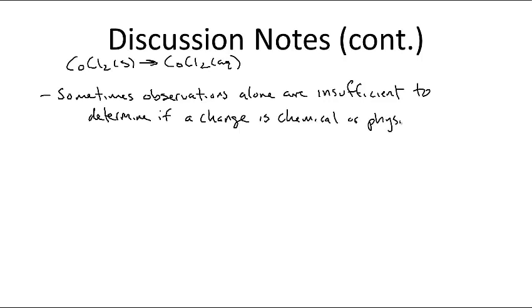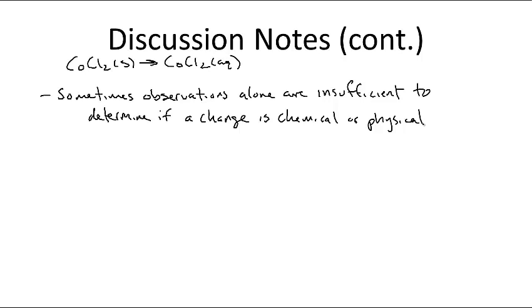I know when you were in middle school, they would say, oh, a color change means that a reaction has happened. Well, in this case, with COCl2 solid dissolving in water, you actually do get a color change. But this is a very subtle, or subtle is not the right word. It's hard to distinguish whether or not this is a chemical or physical change.